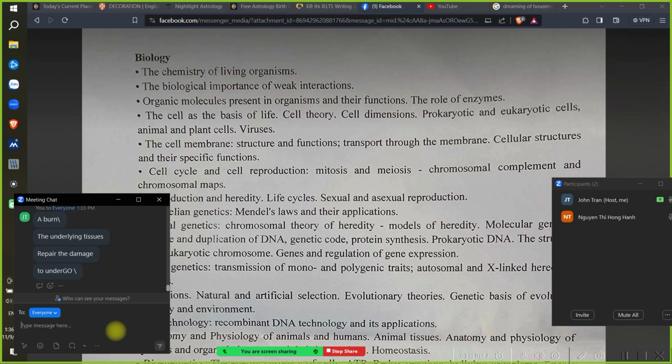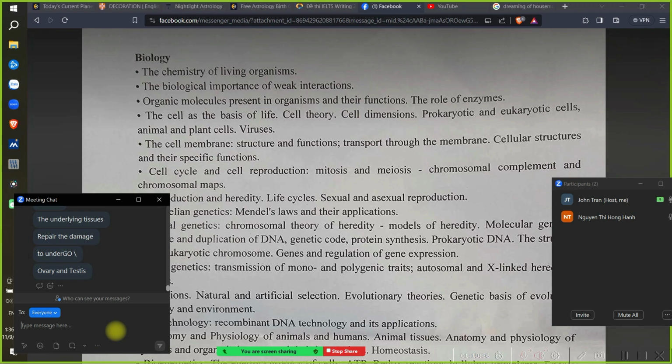Okay? Right. So my other question for you is the cell in the ovary and testis. Does it also undergo mitosis? Cái tế bào ở cái vùng buồng trứng và cái tinh hoàn á, nó có xảy ra, có diễn ra cái chuyện mà nguyên phân hay không? Hay chỉ có giảm phân thôi? Or only meiosis?